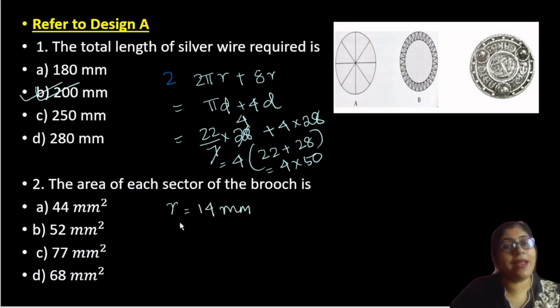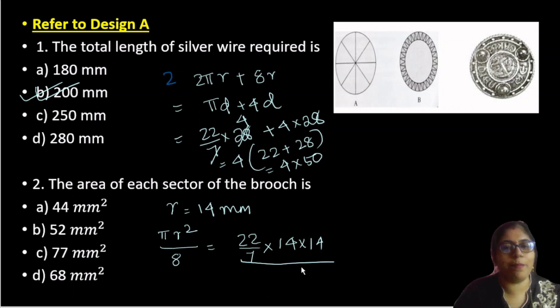So the area of the entire circle is pi r square, and area of each sector is pi r square divided by 8. So this equals 22 by 7 into 14 into 14 divided by 8.